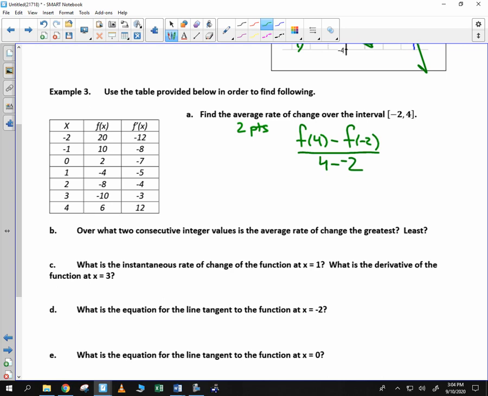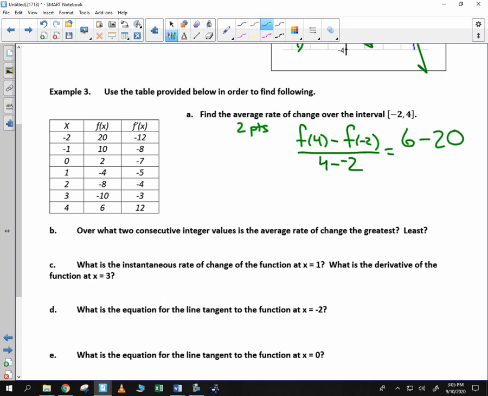So it looks like at 4 it has a height of, I'm sorry, not 12, 6. Sorry. And at negative 2, it has a height of 20. So it looks like it goes from 20 down to 6.